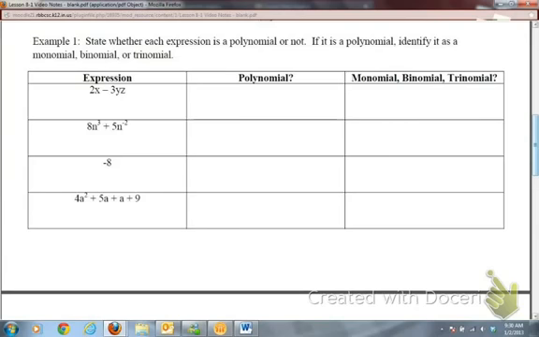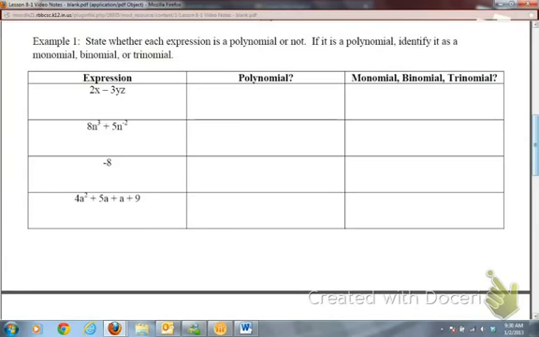Okay, now that you have the basic definitions of the different types of polynomials, we're going to have some practice with identifying polynomials. This first example is a table, and we have to do two things. We have to state whether each expression is a polynomial or not, and if it is a polynomial, we have to identify it as either a monomial, binomial or trinomial.